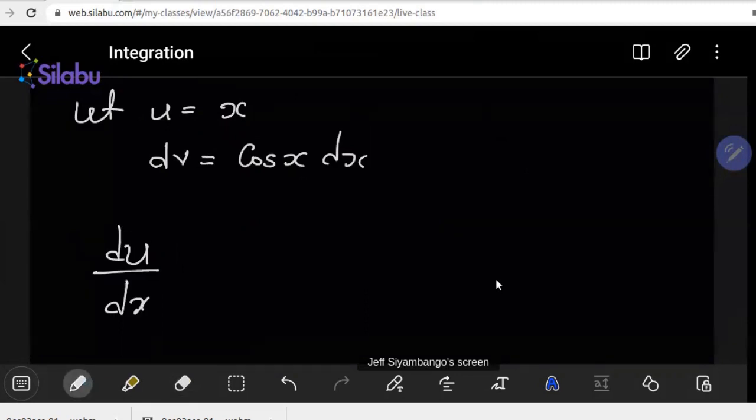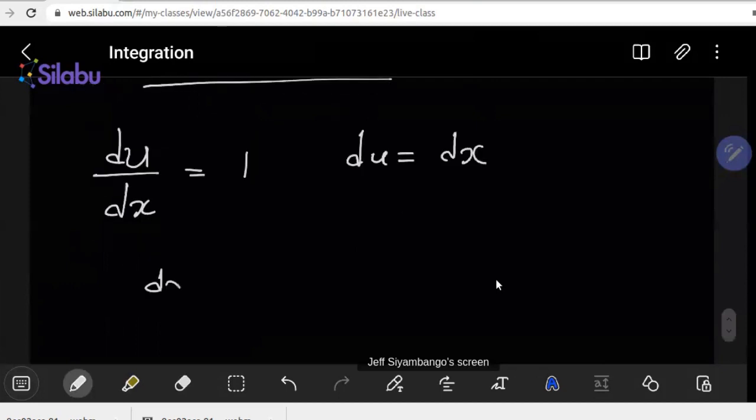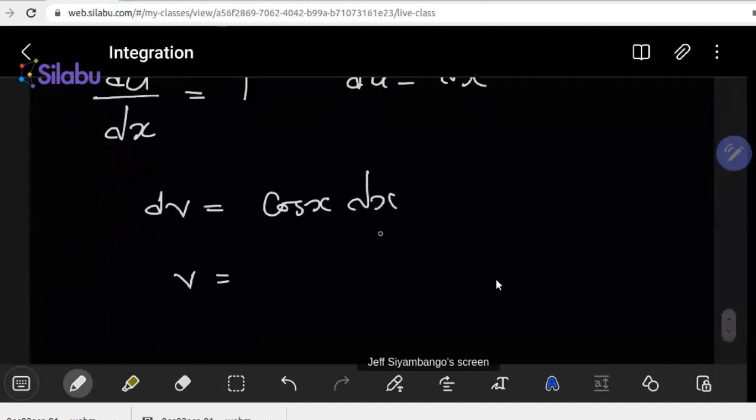We get 1, implying that du is equal to dx. And from dv, we integrate. If dv is equal to cos x dx, then integrating both sides, the integral of cos is sine, so v has to be equal to sine x.